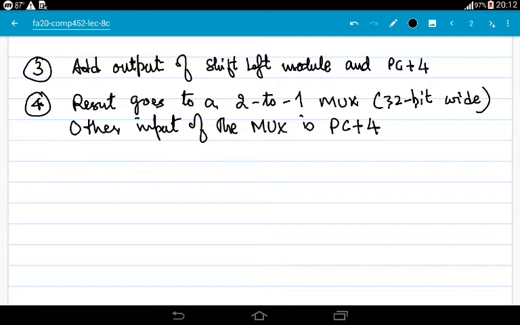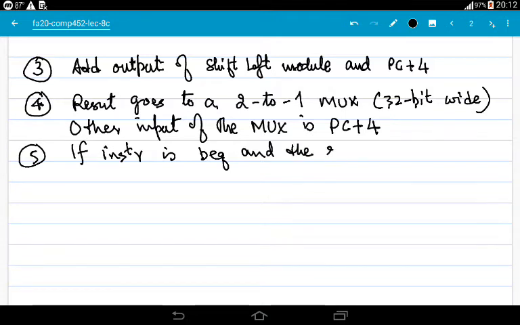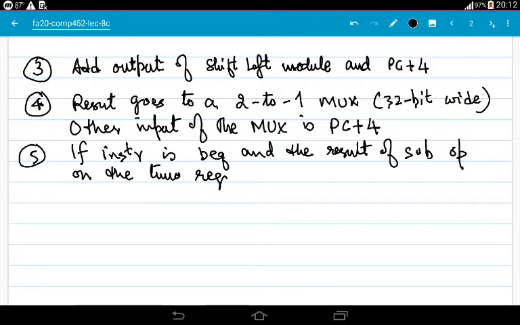And if the instruction is branch if equal, and the result of the subtraction operation on the two registers is 0, then the branch is taken.